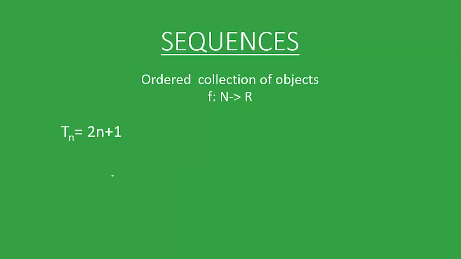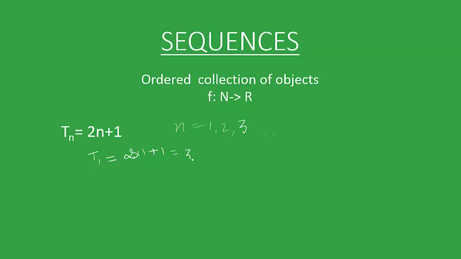To find the sequence of this series, what we do is put the values of n from 1, 2, 3 and so on. So to find the first term, that is t1, we put the value of n equal to 1 in this particular equation to obtain 2 into 1 plus 1, that's equal to 3.